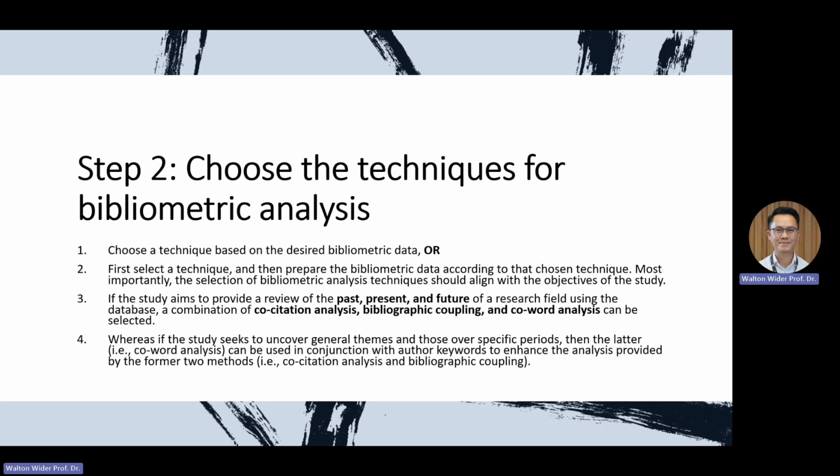The technique selection can either precede or follow the preparation of bibliometric data. However, it is essential that the chosen technique aligns closely with the study's objective. All right. For example, if our goal is to identify the structure of collaboration within psychological flexibility research, therefore co-authorship analysis will be pertinent.